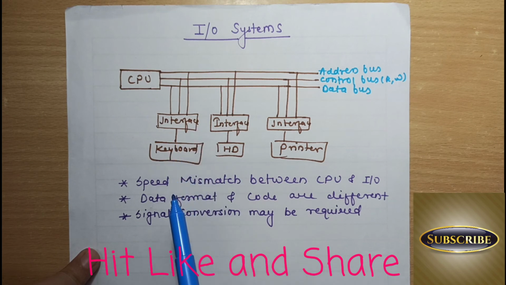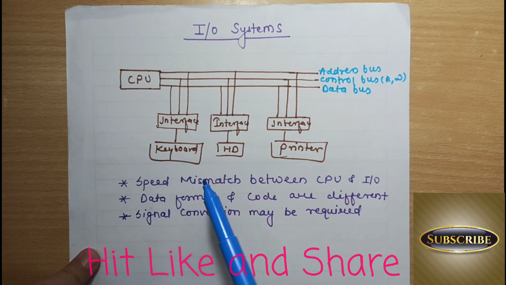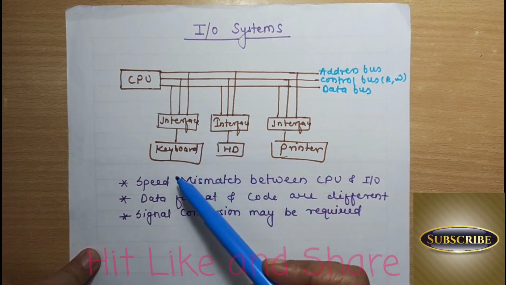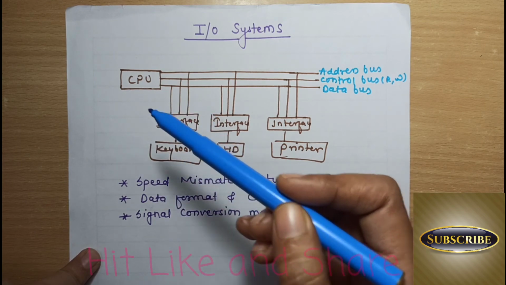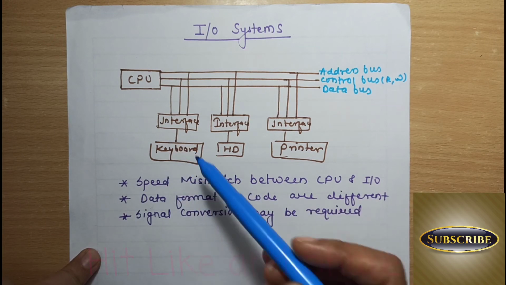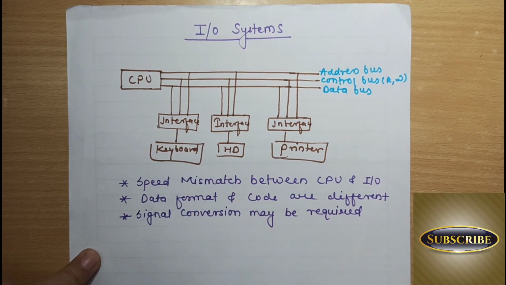Another thing is, our different IO devices use different data formats and code, and CPU follows a different data format and code. Like if our CPU is of 64-bit and different IO devices are of different bit, so there should be a conversion whenever there is a data transfer between CPU and keyboard, and that would be done by that interface. Our input output devices are made up of electromechanical devices or electromagnetic devices, and our CPU is an electronic device.